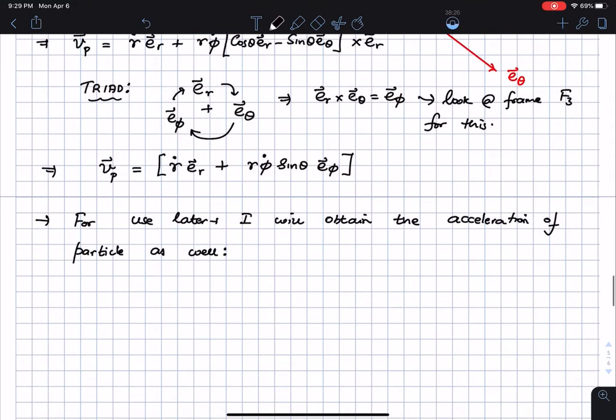That is AP, which is d by dt of Vp. This is d by dt, the time derivative.